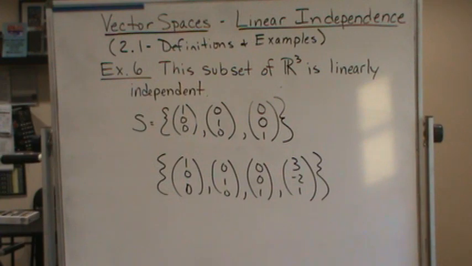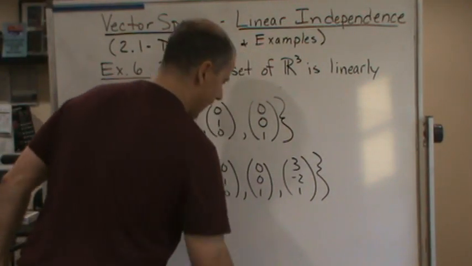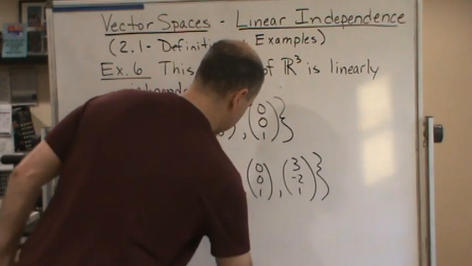And the answer is no. There is no way to get a superset of linearly independent vectors. Okay, and because I can get all of x, y, z, right?